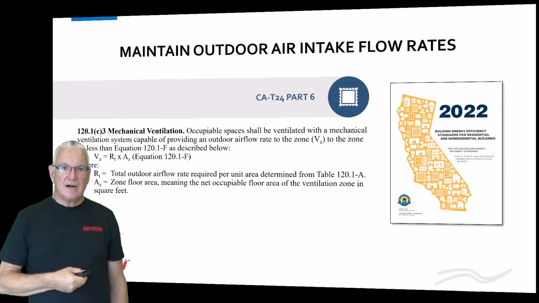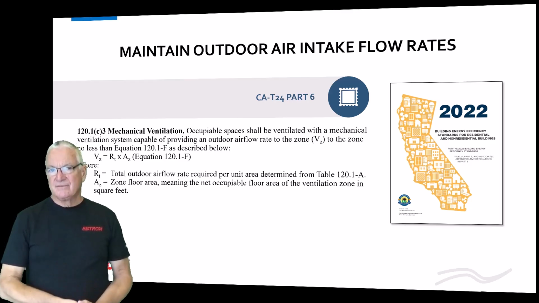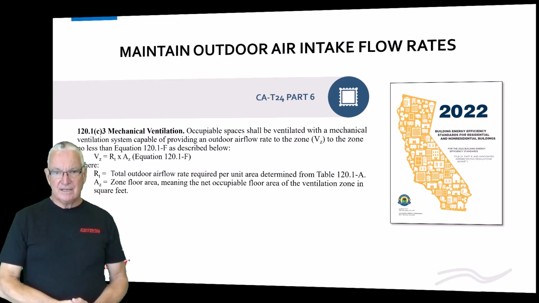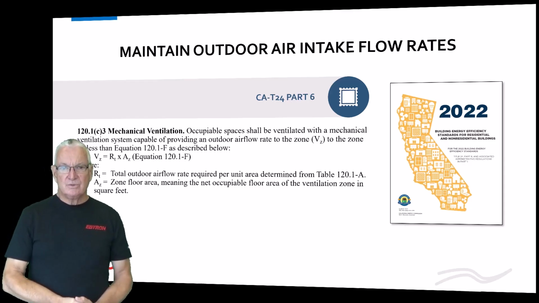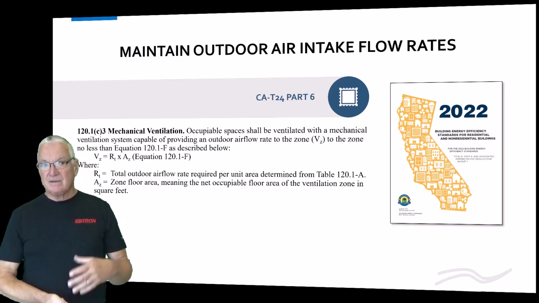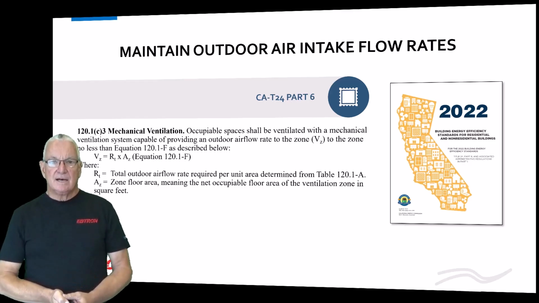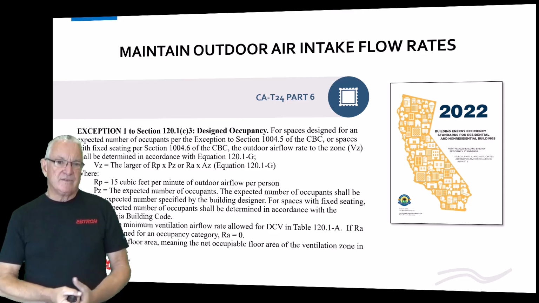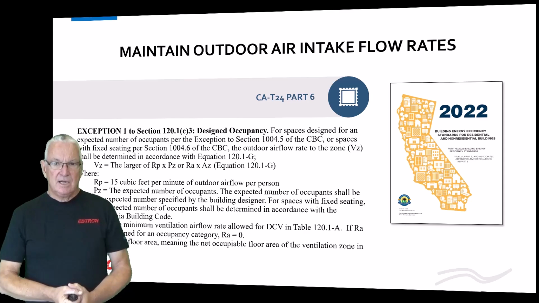Those of you we have on from California, basically California Title 24 Part 6, in my opinion, the biggest difference is just how you calculate the ventilation rate. We could go through all of this Title 24 Part 6 stuff and compliance, but the bottom line is the rates are different than Standard 62, and they're typically based on 15 CFM per person, which is associated with diluting body odor.